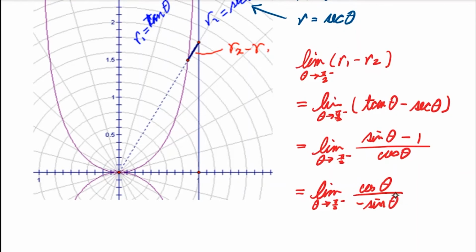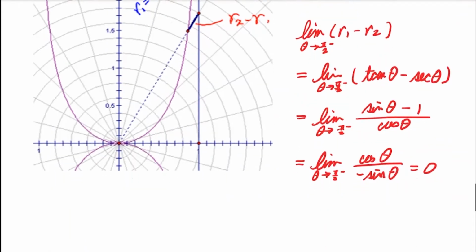Now, cosine pi/2 is 0, sine pi/2 is 1, so this is 0. What did we find? The limit of the difference of the two, technically it's absolute value, but 0 doesn't care, approaches 0. That tells you this is the asymptote, right? So then we can say r is equal to secant theta, which is really x is equal to 1, right?